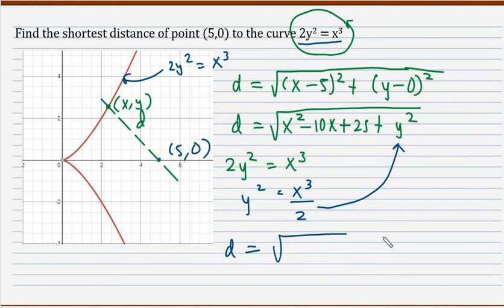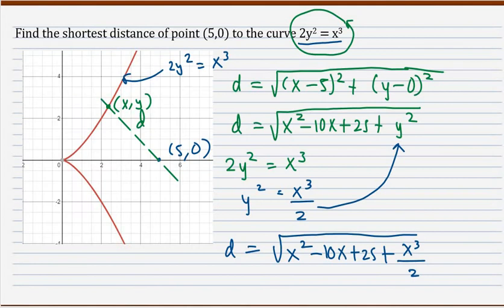So d is equal to the square root of x squared minus 10x plus 25 plus x cubed all over 2.